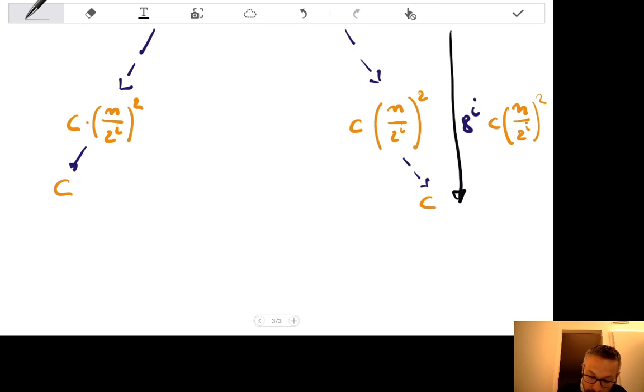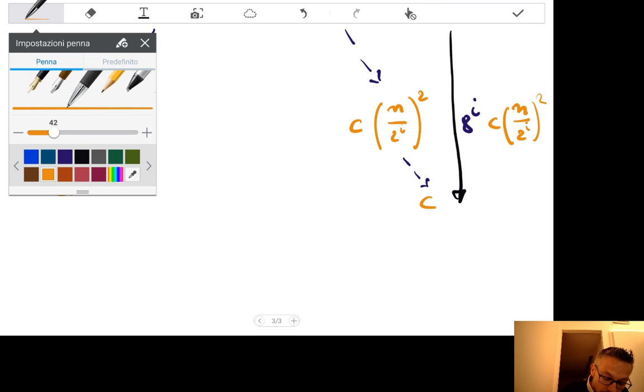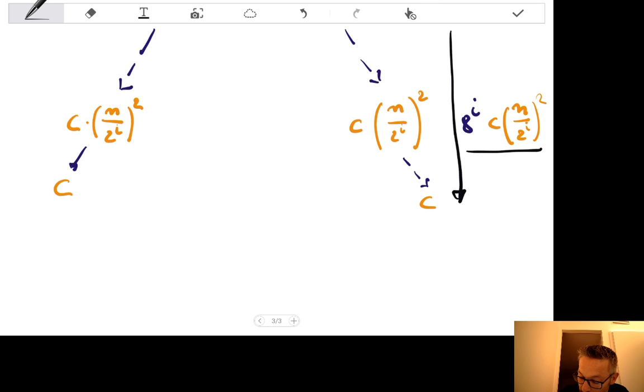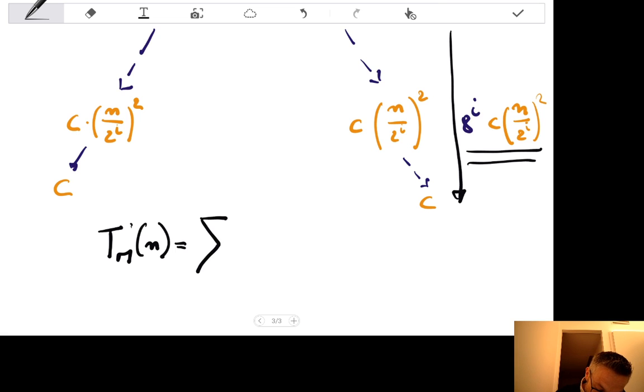So since this is a generic cost for the ith level, and since we know that the tree has a height which is logarithmic in the size of the original matrices, we can deduce that the complexity of our algorithm is basically equivalent to the sum of all the terms I put on the right, which is this one.